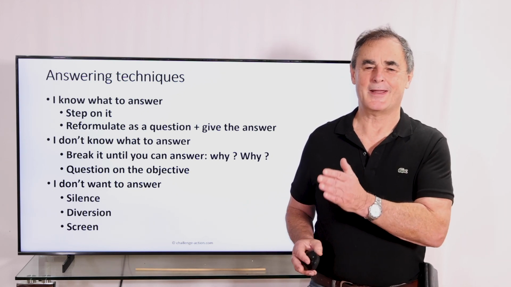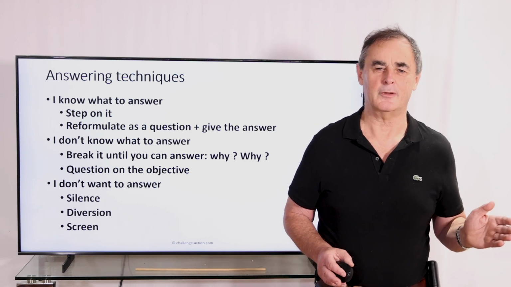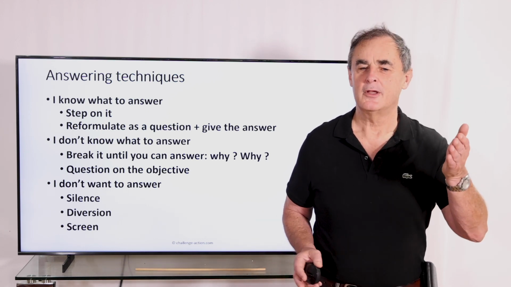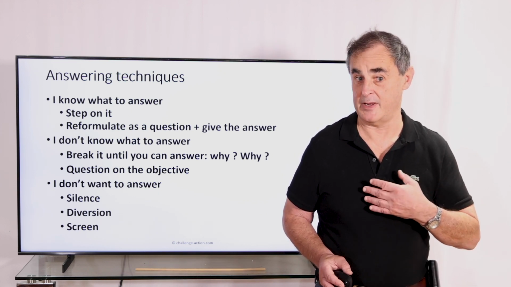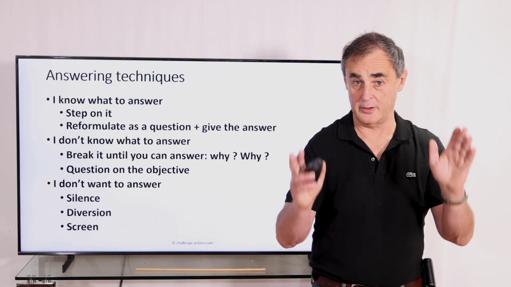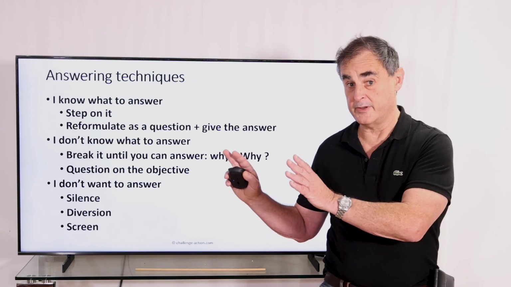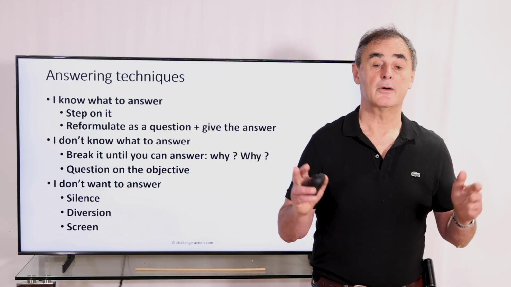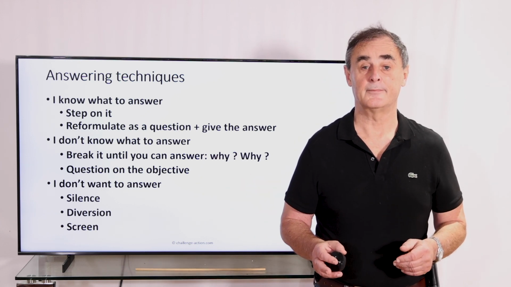So either you come back to the objection later, or you don't, if the customer forgot. It's up to you. But I find that the most professional one, from my point of view, is the screen technique. You acknowledge the objection, you say we're going to talk about it a bit later in the sale or in the conversation, and you do or you don't later.